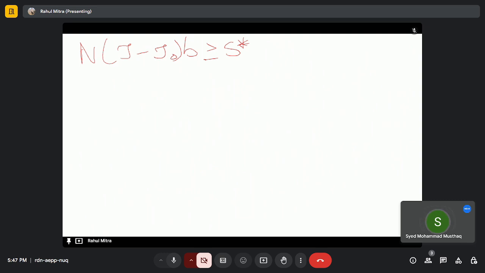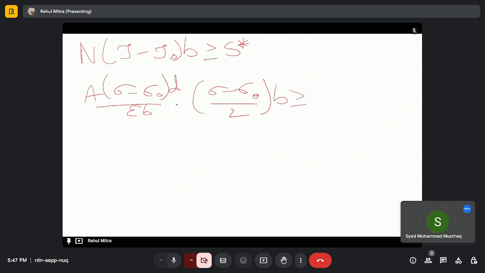And we know this is equal to A times sigma minus sigma naught by D times strain into b, times sigma minus sigma naught by 2, times b, should be greater than or equal to S star.